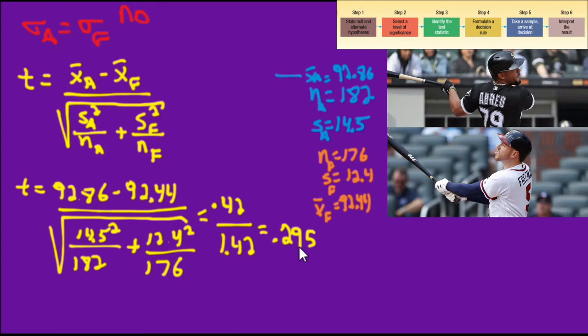Now, for our purposes, that's not a big difference, and both of these are well away from any rejection region. But some of that is because we're using two standard deviations that are pretty close. 12.4 and 14.5 aren't wildly different, so that's not driving any huge result.